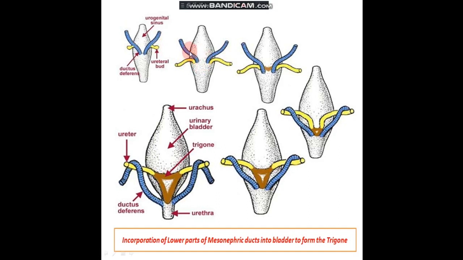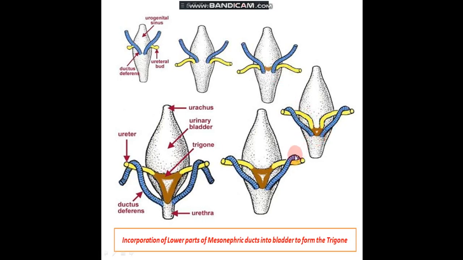The lower parts of the mesonephric ductus get incorporated into the bladder, so that the ureters now open separately into the urinary bladder. Then further absorption of the mesonephric ductus occurs. So the openings of the ureters move upwards, while the openings of the ductus move downwards.